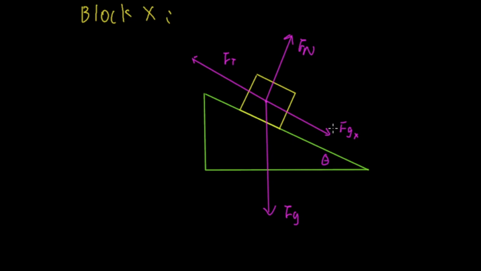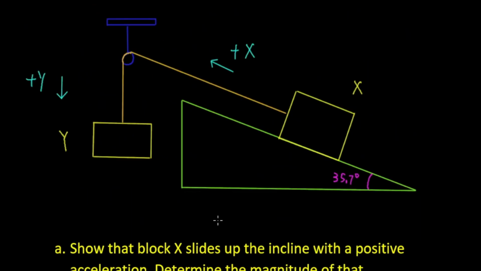That's all we care about, these two forces. We don't need to worry about the normal force or the force of gravity in the other direction. Looking at the diagram here, we only care about the block moving this way or being pulled back this way.